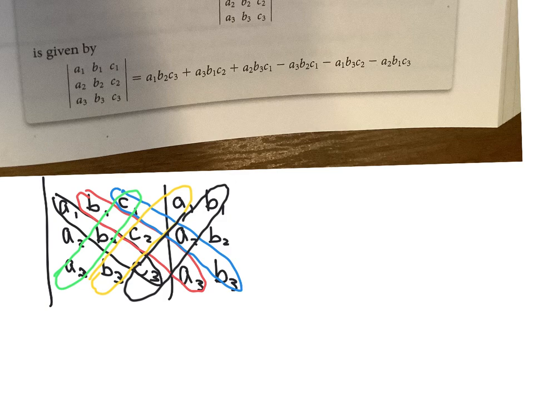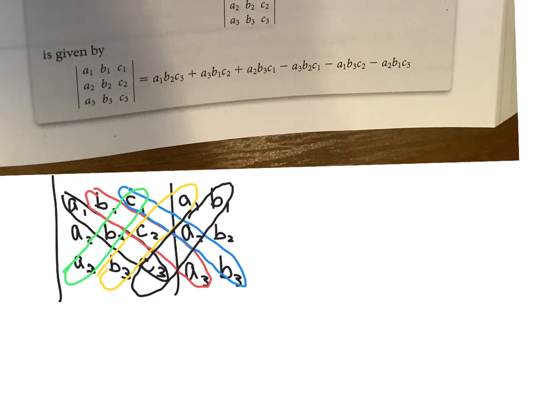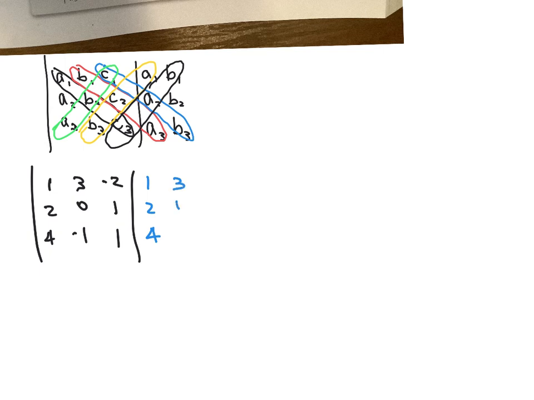So let's look at one, and maybe that'll make it a little bit easier. Let's move that up there so we can use that as a reference. Example 3 gives you that 3 by 3 determinant, and they say find the value of that. So what we're going to do is what I did up here on top. I'm going to repeat the first two columns.